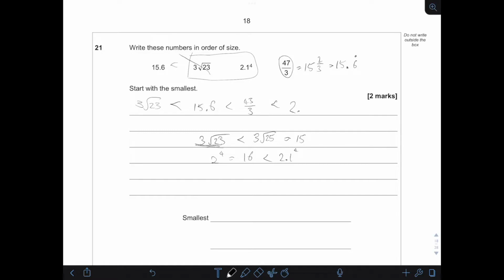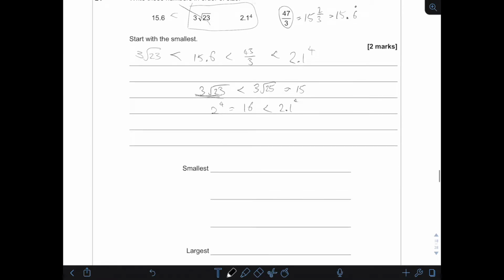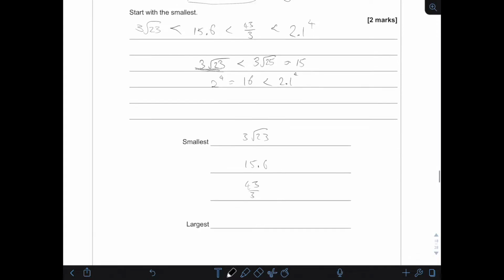So that is the correct arrangement. So start with the smallest. We have 3 root 23. We have 15.6, we have 47 on 3, and finally we have 2.1 to the 4.